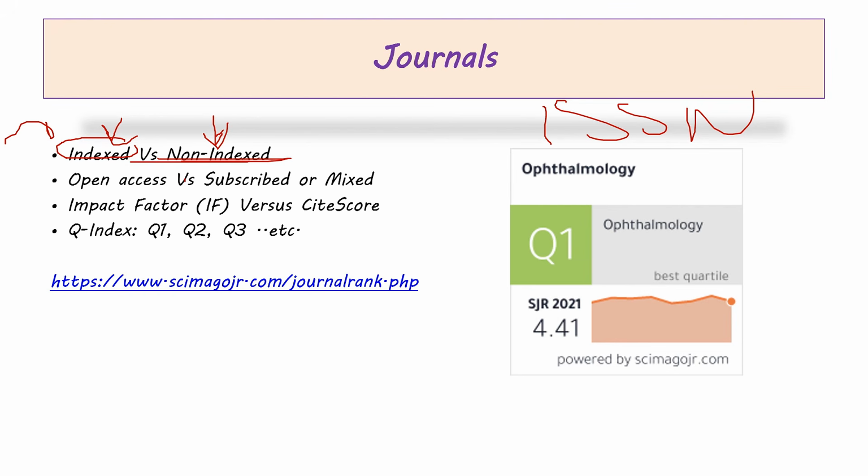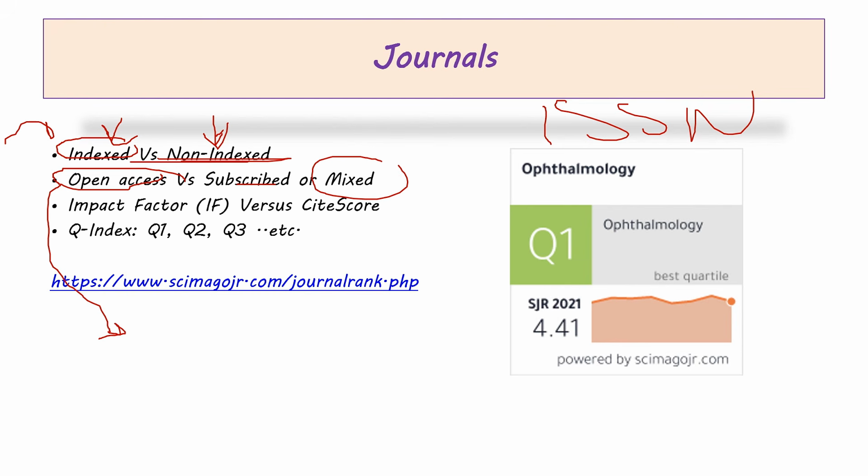We have open access, subscribed, and mixed journals. For example, open access journals are fully open access. When you submit your paper to them, they will publish your paper fully open access. Anyone can read your paper, anyone can download your paper, anyone can use your paper. However, for these journals you need to pay article processing charges, APCs.